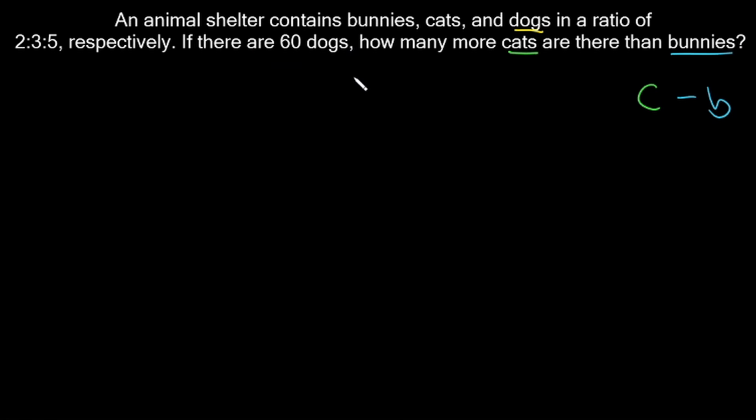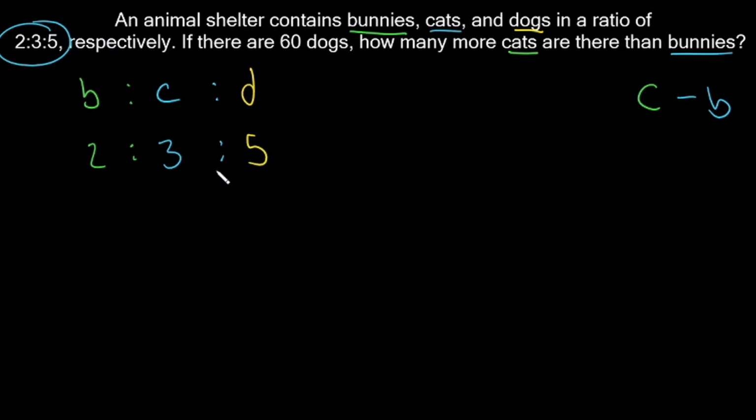So let's see if we can set up a proportion to solve for this. So we need the ratio between bunnies to cats to dogs. So let's write that. We have the ratio of bunnies to cats to dogs is just going to be B to C to D. But we know this ratio can also be written as, because we have it right here, 2 to 3 to 5.